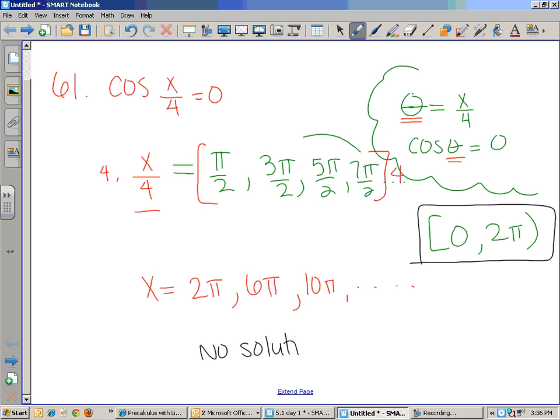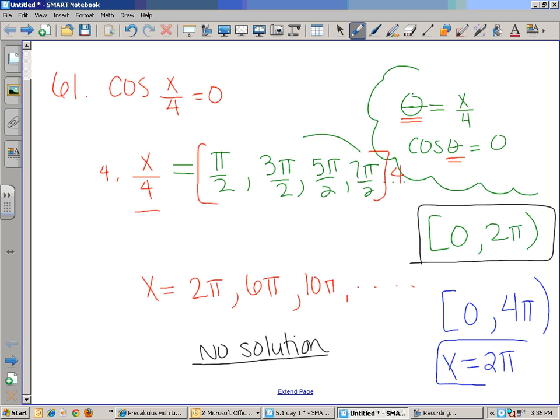If I answer the question the way it's written, from 0 to 2 pi, then I would have no solution. Now, if I extend the window and say, I want you to go from 0 to 4 pi, then I have one answer, and it would be x equals 2 pi.